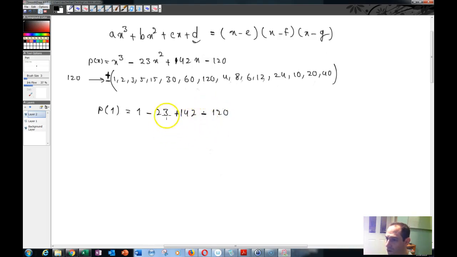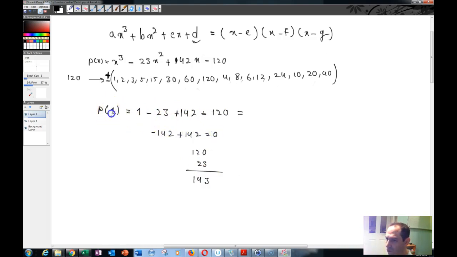That's actually equal to 0, because 120 plus 23 would be equal to 143, and that's a negative 143, plus 1 would be negative 142, plus 142 is equal to 0.